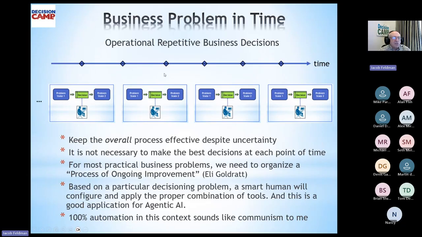So this is our more realistic picture, and it means that at different points in time, we should be able to make different decisions, or in one decision, we should consider the consequences of this decision for the next decisions. I will just mention my favorite example.